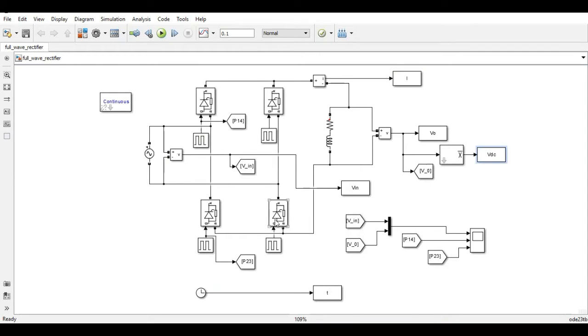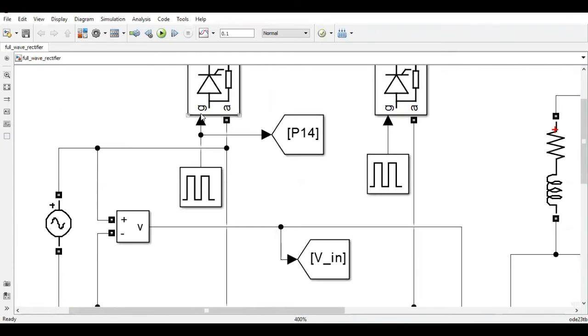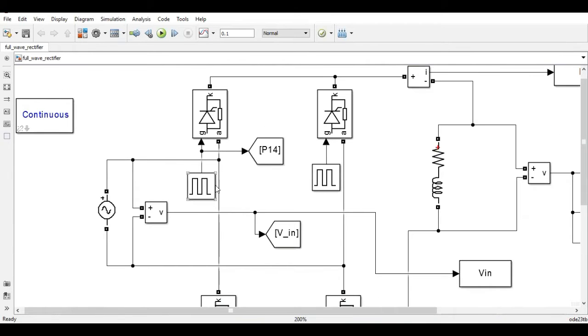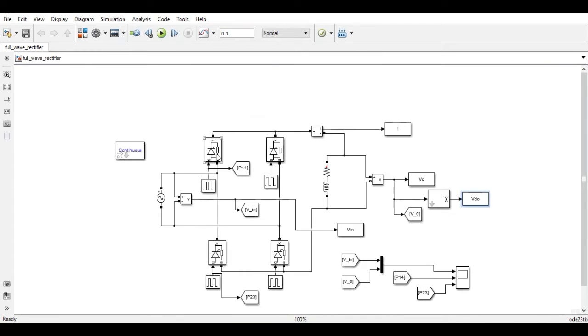So this is the circuit diagram of full wave controlled rectifier in which we have used SCRs instead of the diodes. So these are SCRs, and they have the gate terminals. Okay, so this is the gate terminal. You can zoom in and check. This is the gate terminal, and these are the pulses which we have to provide to trigger the thyristors.